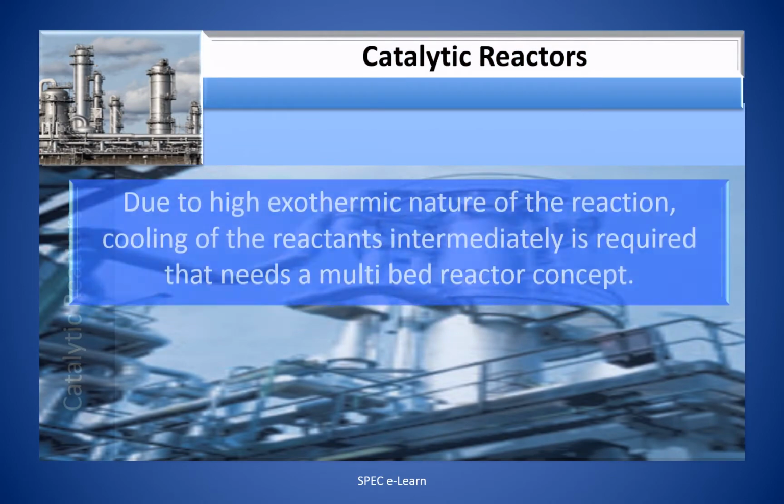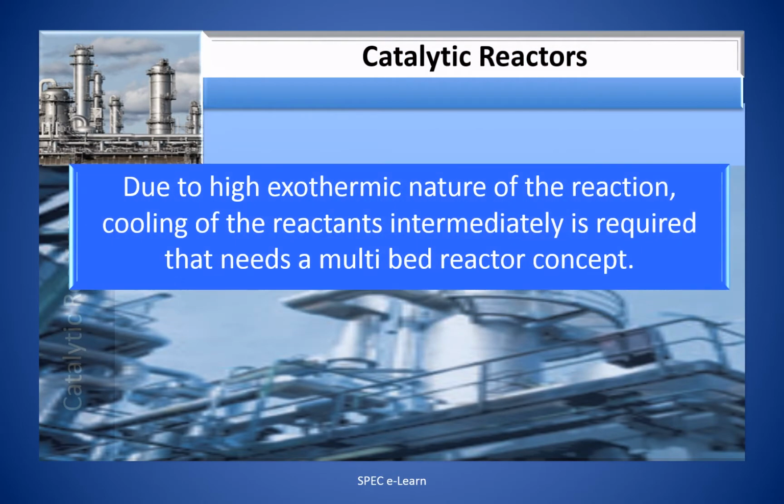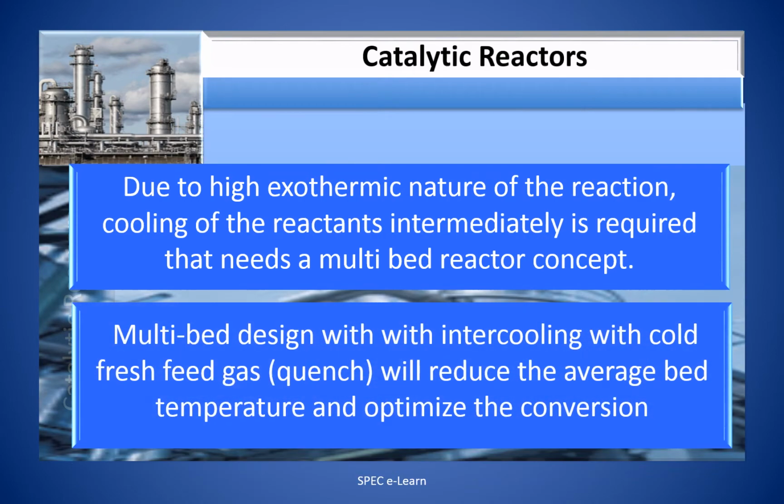Due to exothermic nature of the reaction, cooling of the reactants intermediately is required that needs a multi-bed reactor concept. Multi-bed design with intercooling with cold fresh feed gas or quench will reduce the average bed temperature and optimize the conversion.